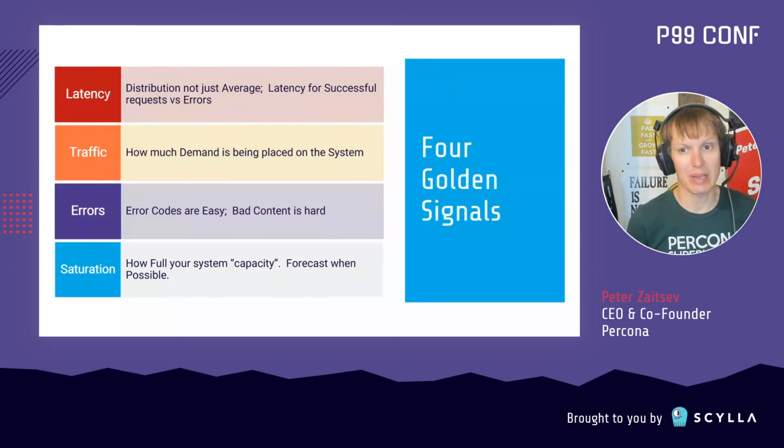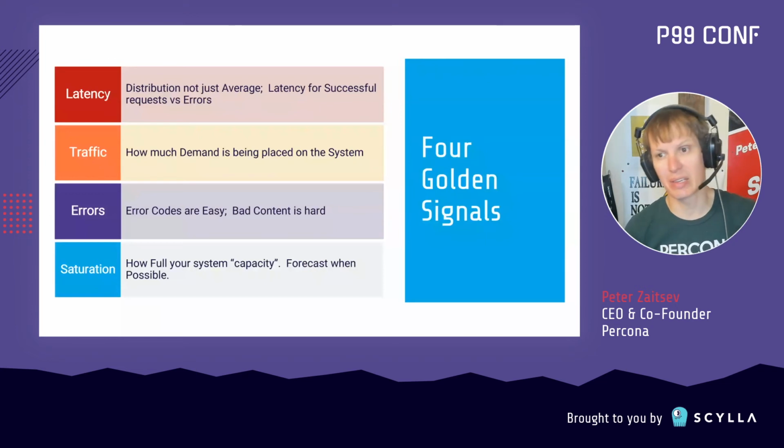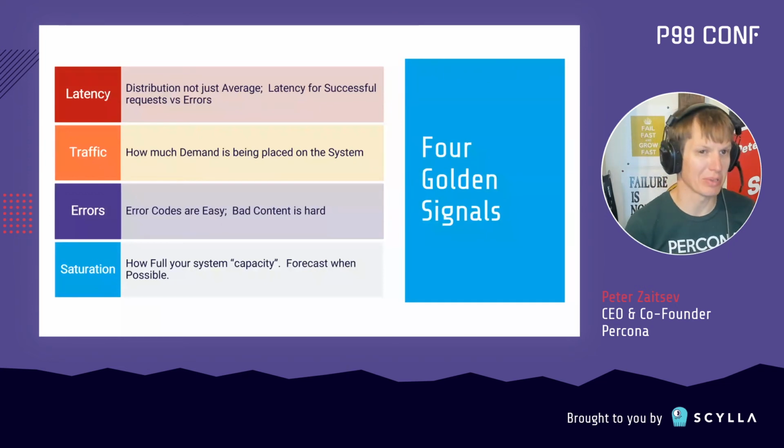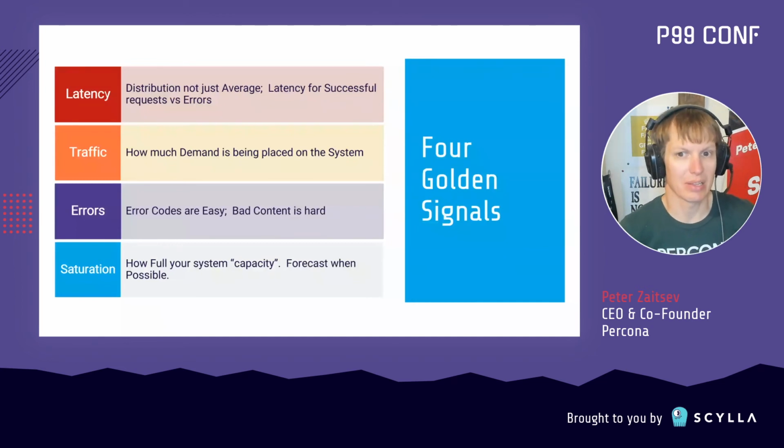Errors, that can be error codes, which are easy, or incorrect responses, which are much harder to catch. And then there is saturation, which is how full is your system compared to its capacity, right? How much it can handle.